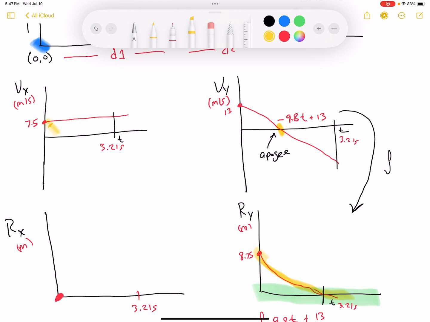And if you remember, this area under the curve is actually equal to the amount it changed. So what does this area mean? It is the change, we say delta, the change in the ball's position.